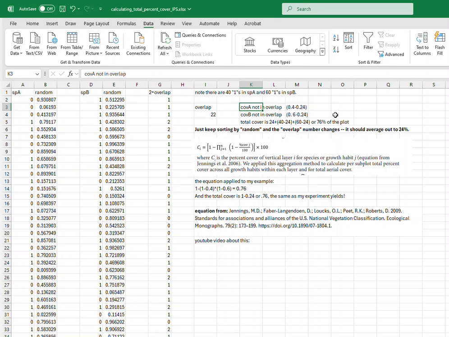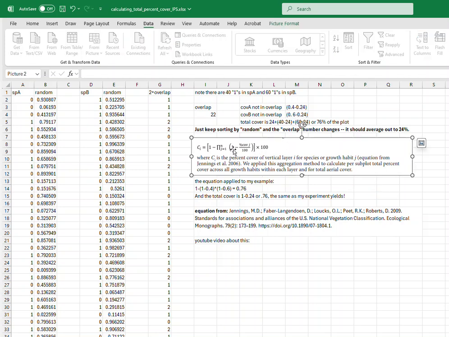We know the same thing for species B: it's 60% of the plot, but 24% of the plot is overlapping with species A. So 0.6 minus 0.24 is the amount of species B outside the overlap zone, in other words, it doesn't occur with species A. So we can calculate the total cover as 24%, which is the overlap, plus 40 minus 24, which is the species A not in the overlap zone, plus 60 minus 24, which is the species B not in the overlap zone, or 76%. So that's by itself an interesting finding.